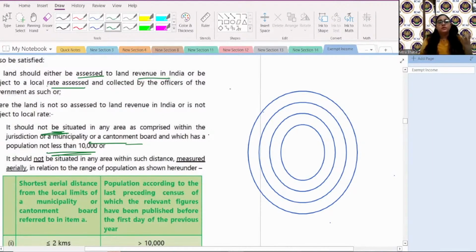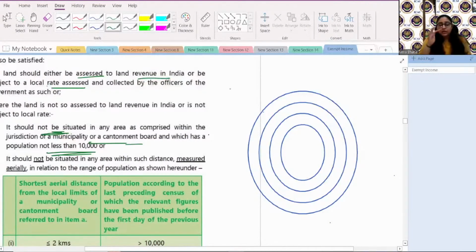So if a land is situated in a municipality with a population of at least 10,000 people, that will not qualify as a farm building for which agricultural income is exempt.